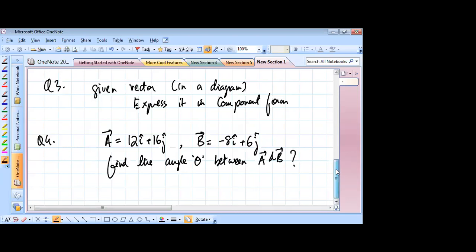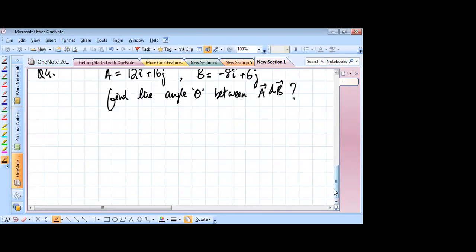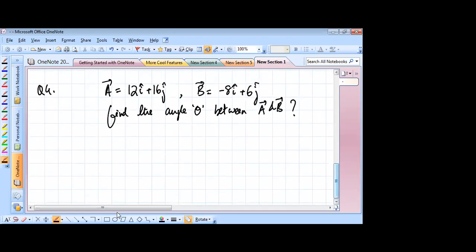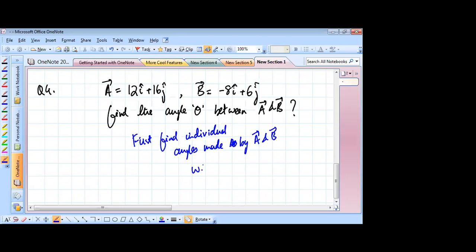Okay. Now this is a slightly more tricky type of question. So I will start by giving you a hint. What you do here is, first find the individual angles made by vector A and B with respect to the x-axis.